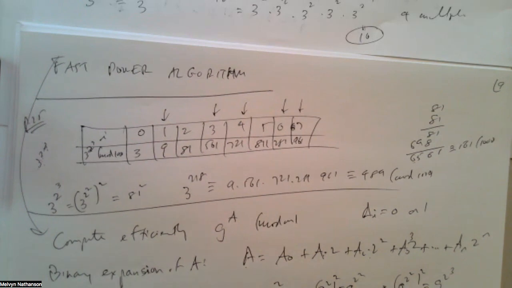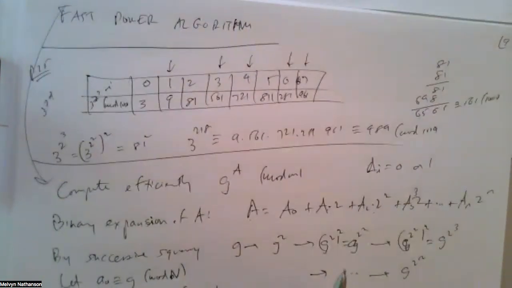So as you compute these numbers at each step, you can also reduce them mod n just to make them smaller. And you put it all together and you're done. Any questions about this? It's sort of arithmetic from the point of view of computing, which is what is involved in cryptography.